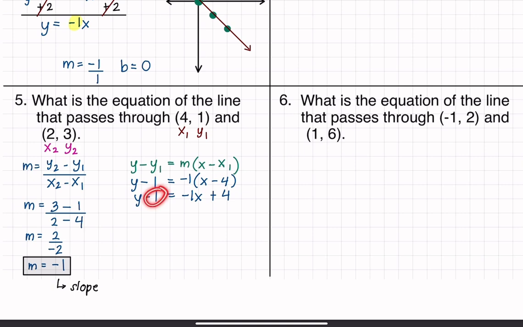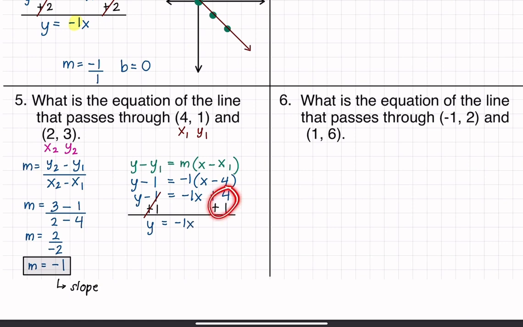How are we going to eliminate negative 1? Very good. By adding 1 to both sides of the equation. So negative 1 plus 1 will be cancelled. Bring down y. Bring down negative 1x.